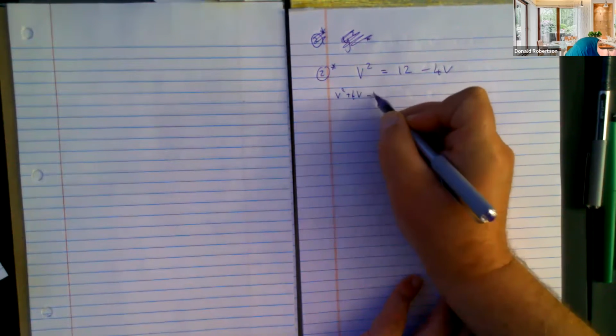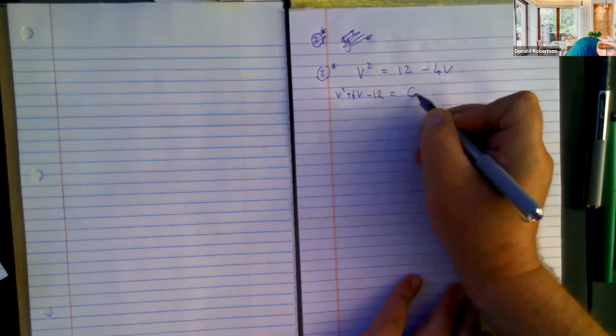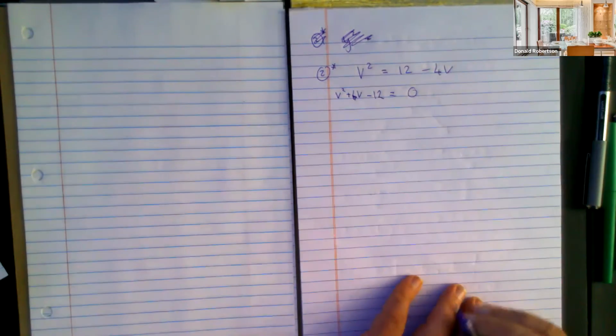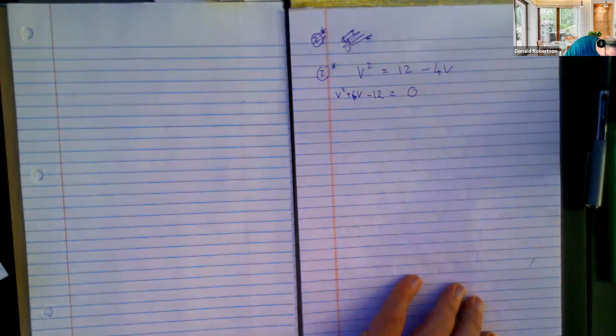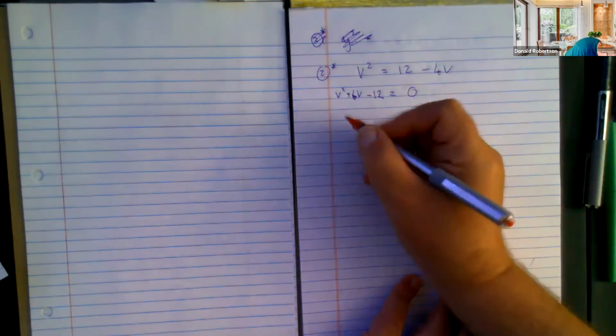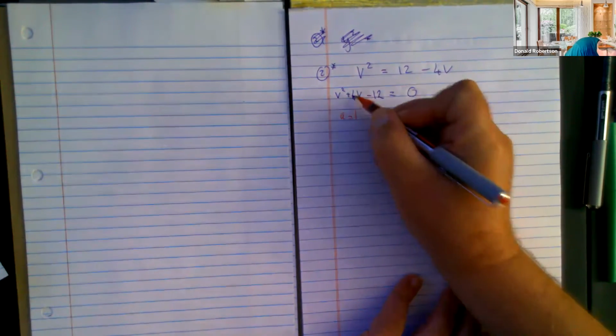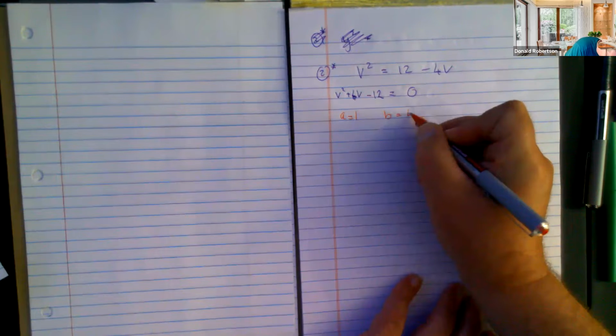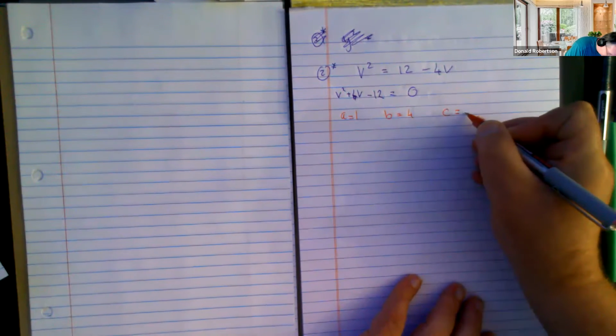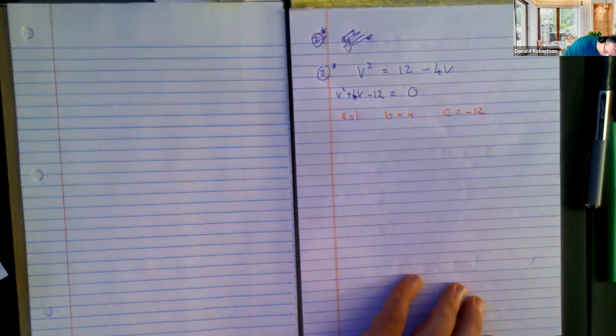So I'm going to add 4v to both sides. I'm going to subtract 12 from both sides. And there we go, standard form. A will be 1, B will be that messy 4, and C will be negative 12.